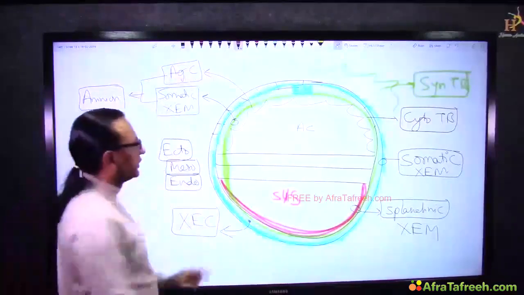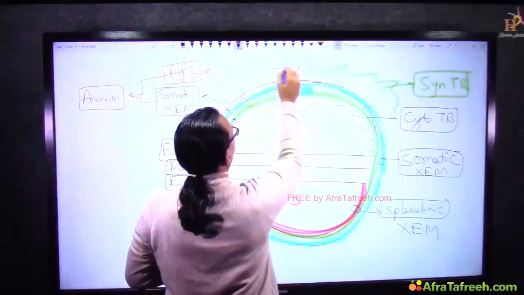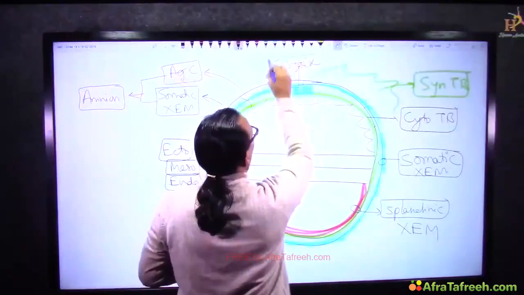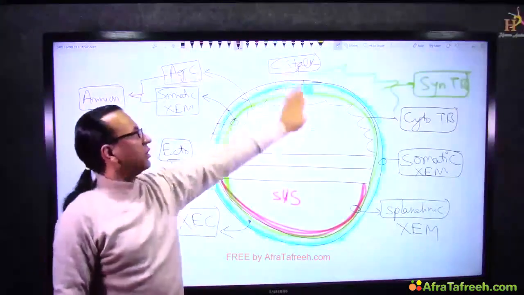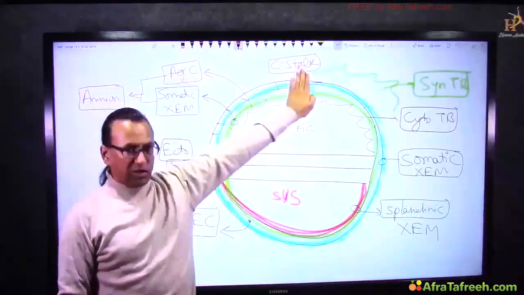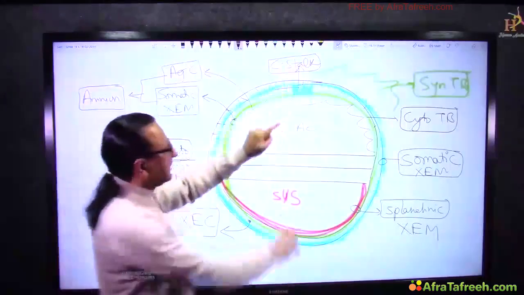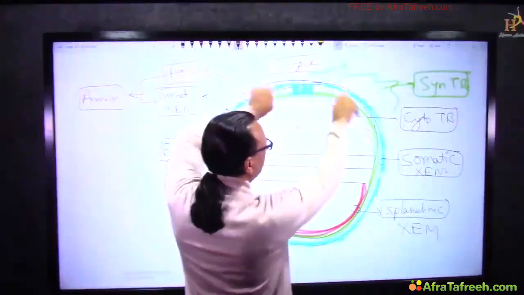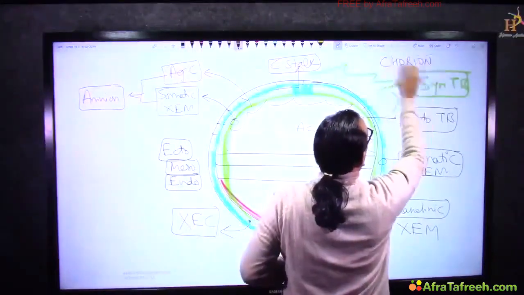Also, you can notice this extra embryonic mesoderm is contributing to the connecting stalk, and that connecting stalk is going to become the umbilical cord. So extra embryonic mesoderm is contributing to the connecting stalk, which is the primary umbilical cord. Yes, and it is also contributing to chorion. Then what are the 3 things in chorion?